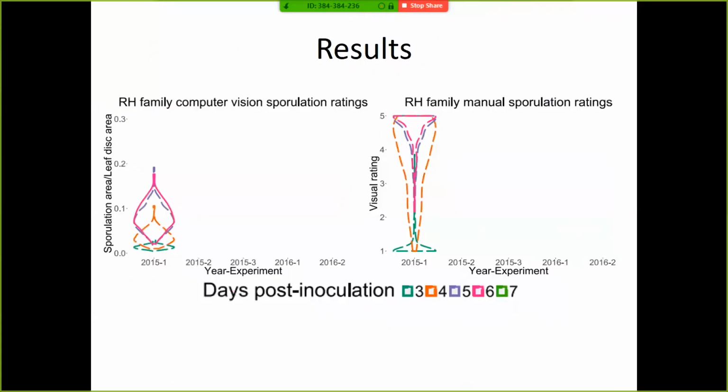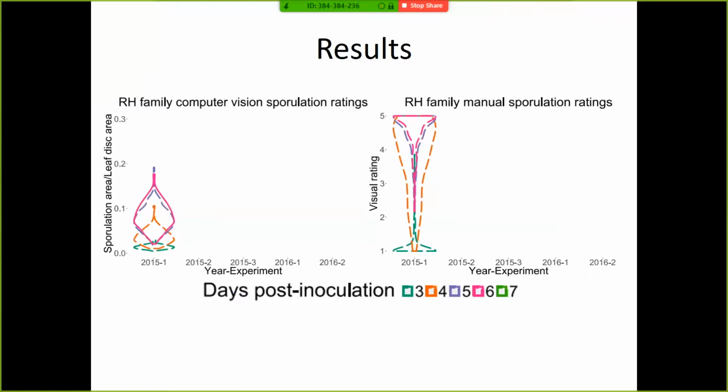So now I'll go into the results. First, I'll just explain one experiment. So here is the computer vision ratings on the left-hand side. So this cyan color is 3 days post-inoculation.